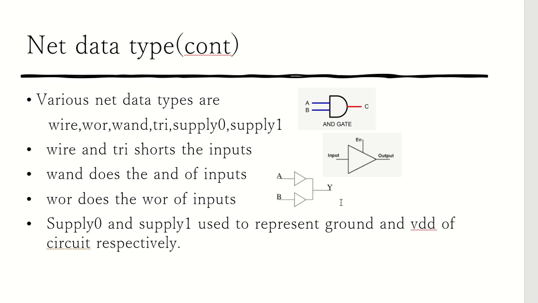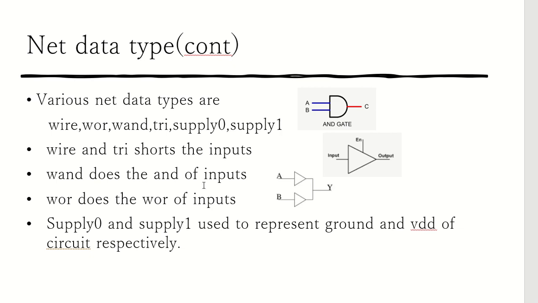The tool can't decide the value of Y, either it is 0 or 1. So when we declare Y as wand, it does the operation of AND here and assigns it to Y.